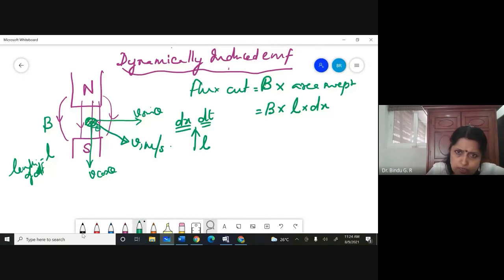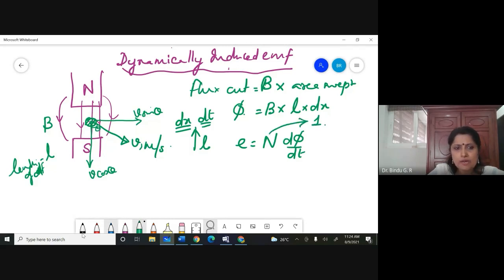Now, E is equal to N d phi by dt. This is phi. Okay. So for easiness' sake, I am taking N equal to 1. If so, E is equal to, again, I have left that negative sign out. I am not bothered about the direction now. So that will be d by dt of B L dx. Now the only catch here is that I should not consider v.